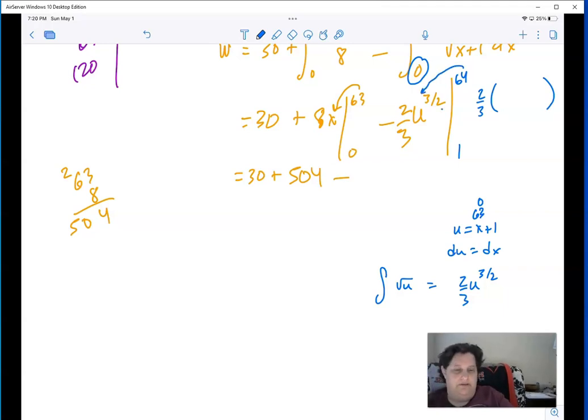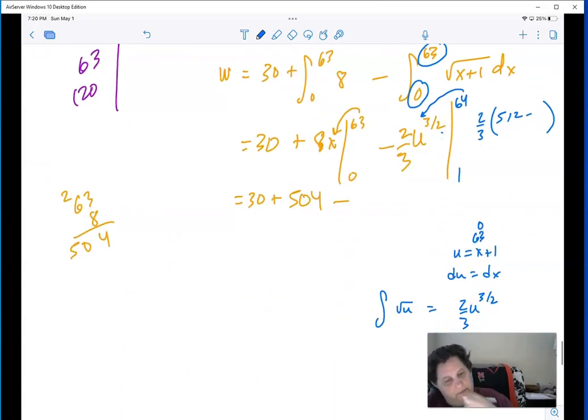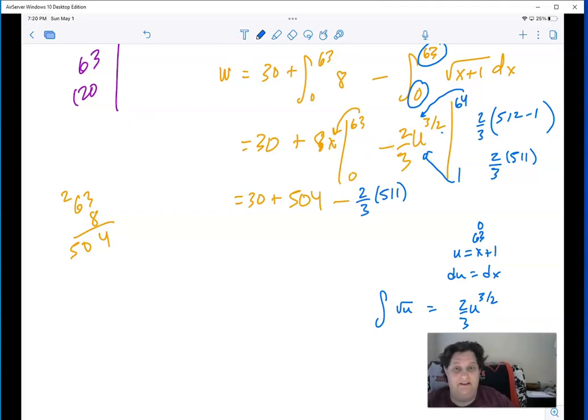The 2 on the bottom is the square root of 64. That's 8. 8 to the third. I think that's 512. The square root of 1 is 1. 511. It does not divide by 3. Before I go on too much farther, let me check if I'm right so far.